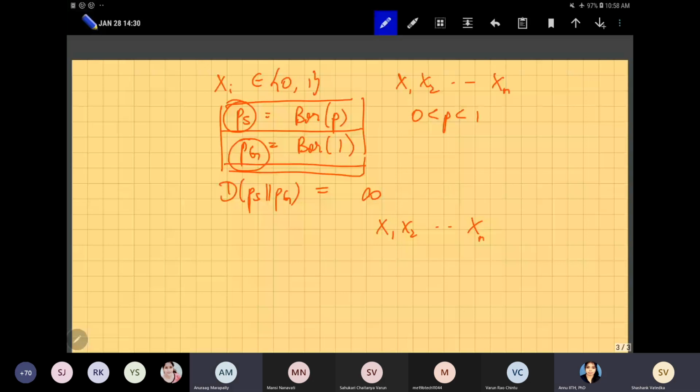In this case PG is certain, Bernoulli 1. That is, if it came from the good sequence, if it came from PG. But you don't know whether the sequence that you have seen comes from PG or PS. So let me put it in a slightly different way.